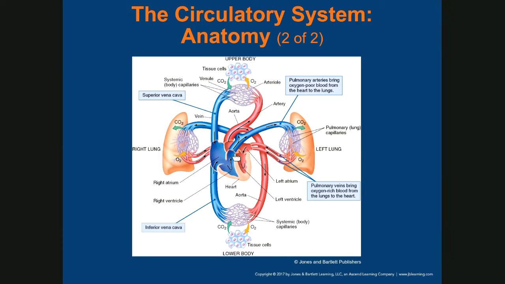The right ventricle then contracts and pumps that blood into the pulmonary artery or arteries. Before it enters the pulmonary arteries, it has to pass through a valve. That valve is referred to as the pulmonic valve.